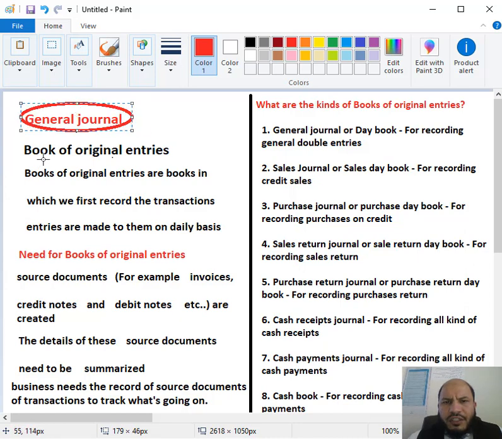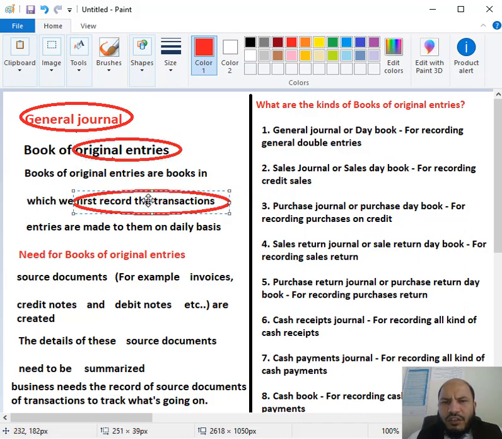If you see, the author explains that it is also called the book of original entries. Original entries are books in which we first record transactions. This is a book where we record business transactions for the first time.